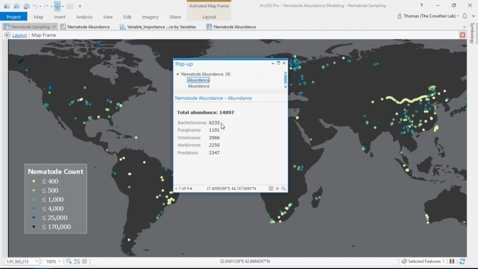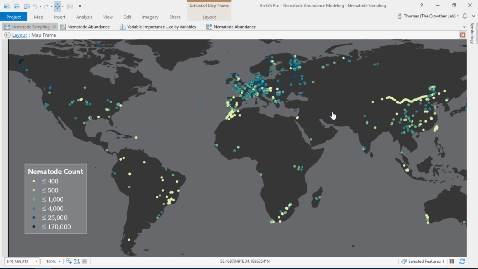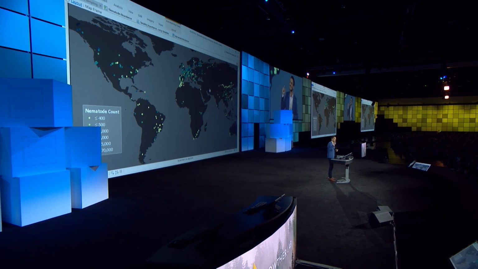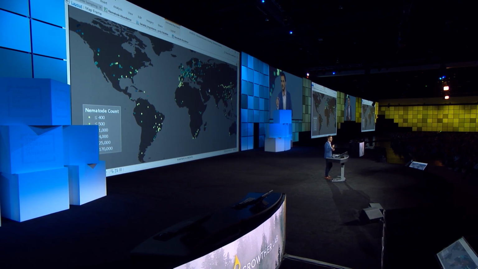We can also see the different composition with all the different groups. But more importantly, we can see that across the world's soil, there's immense variability. Some samples have 400 nematodes for a gram of soil. Others will have 170,000 in just a gram of soil.